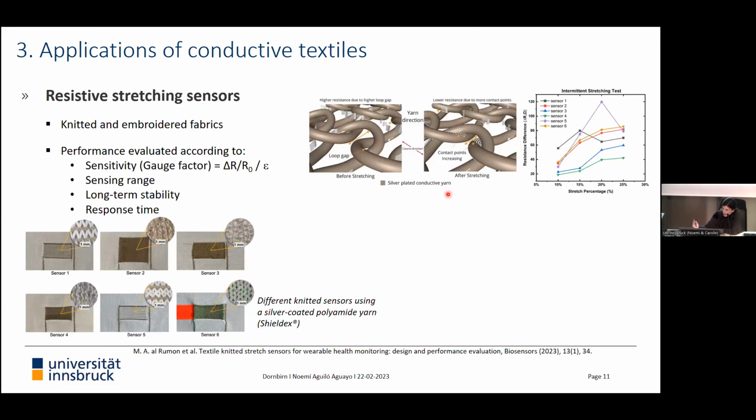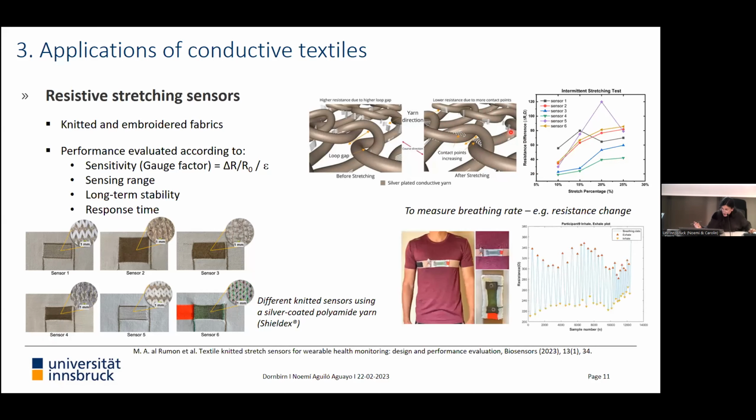And here we can see that the authors of these investigations show different responses for the different knitted fabrics. And what they have observed is that the resistance decreases when we apply some stretching. And this is because, as they explain here, we increase the contact points between the different yarns, and this makes the resistance lower when we apply some strain.